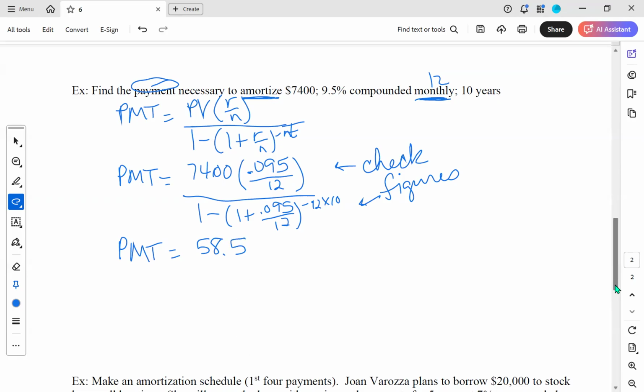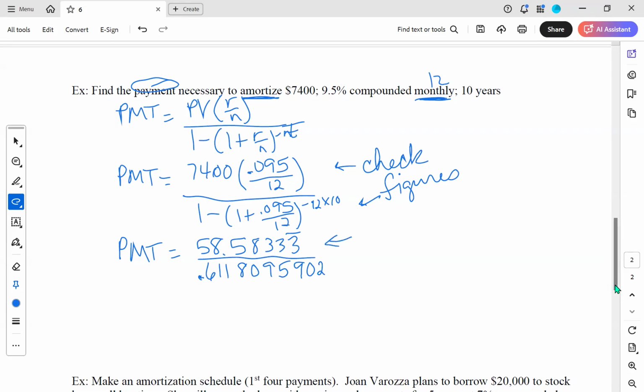So your top number should be 58.58333, and that repeats on. All over. The bottom is going to give you 0.611809 5902. Okay. Now, when you do this division in your calculator, on the top, don't stop after 3 threes.